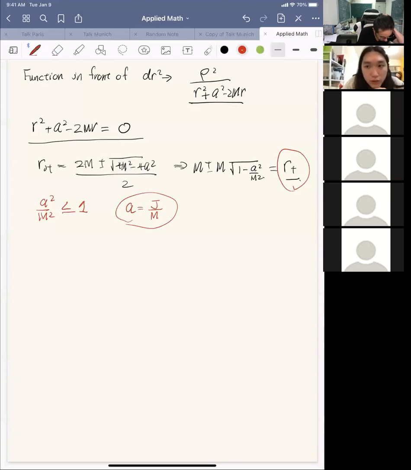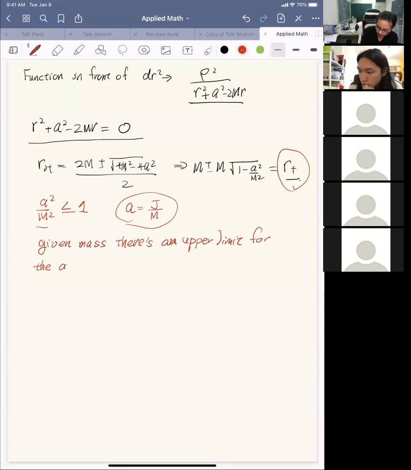So a squared over m squared is bounded by 1, which tells you that for a given mass, there's an upper limit for the angular momentum of the black hole.